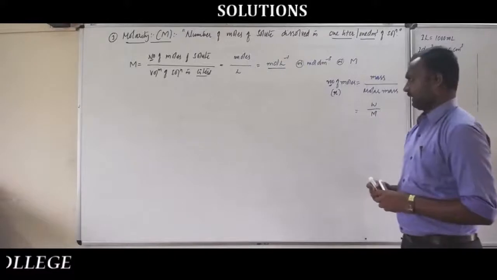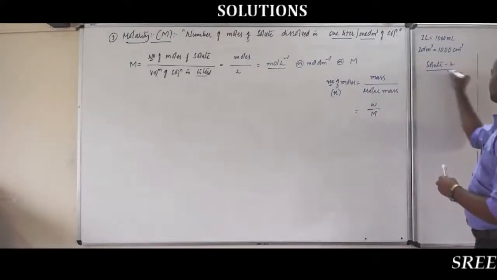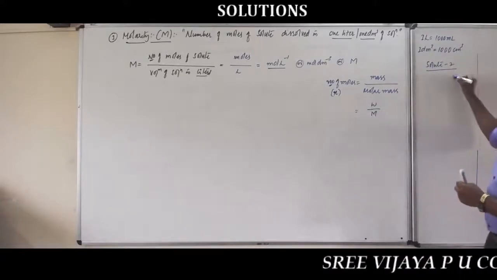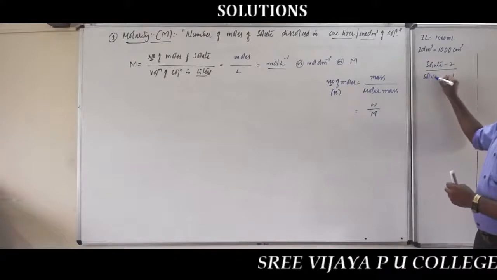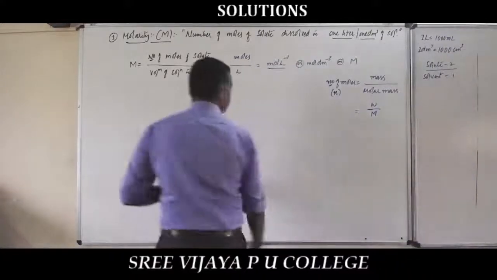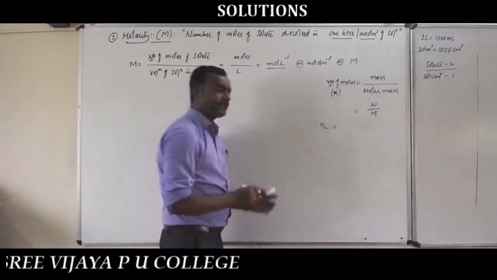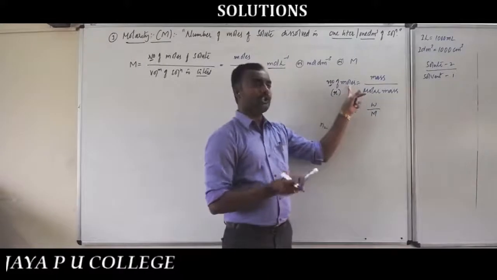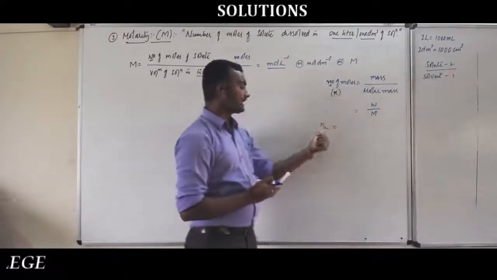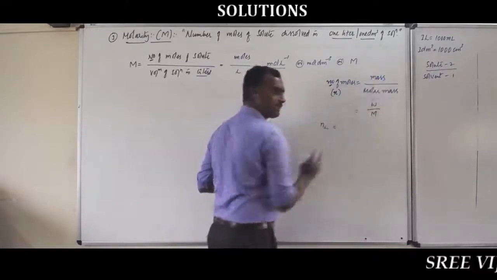Now I am going to take the solute as 2 and the solvent as 1. So the number of moles of solute can be written as N2, where N is the number of moles and 2 denotes the solute.